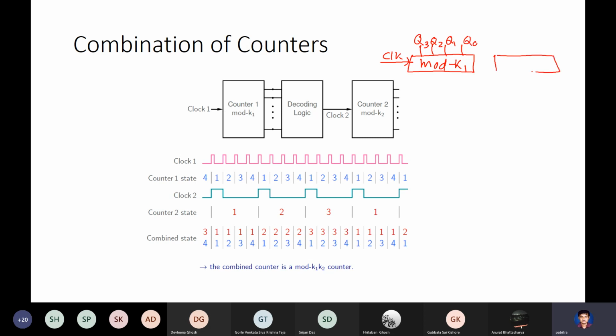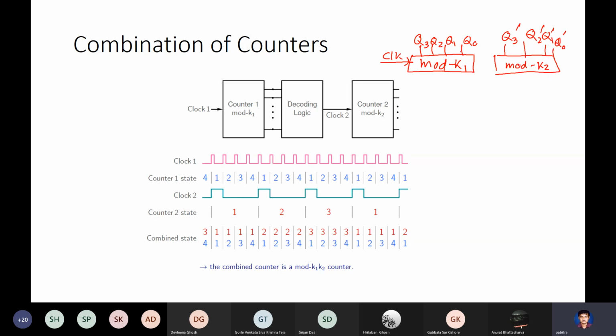And I have another counter, which is, let's say, a mod K2 counter. It also has some states, say Q3 prime, Q2 prime, Q1 prime, Q0 prime.